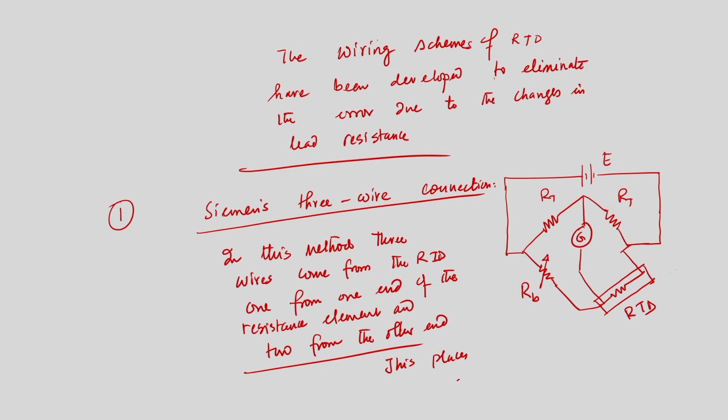We can see that the resistance element RTD has 2 ends. So 3 wires are coming, 2 from one end while one is from the other end.